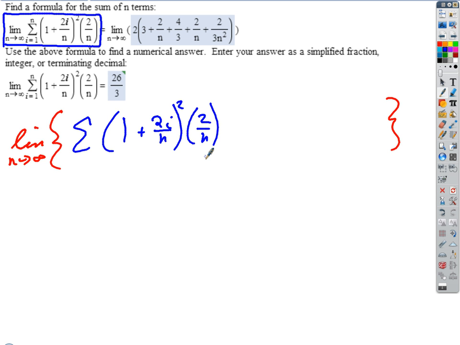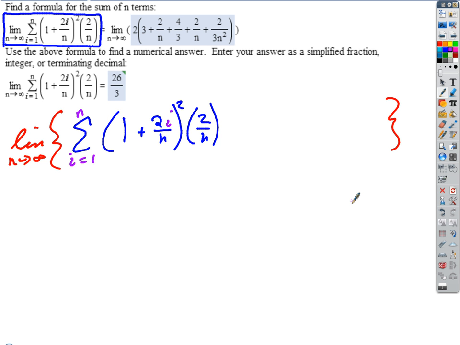Okay, so first of all, let's do some color coding here to make this clearer. Okay, so the sigma is acting on the i's.